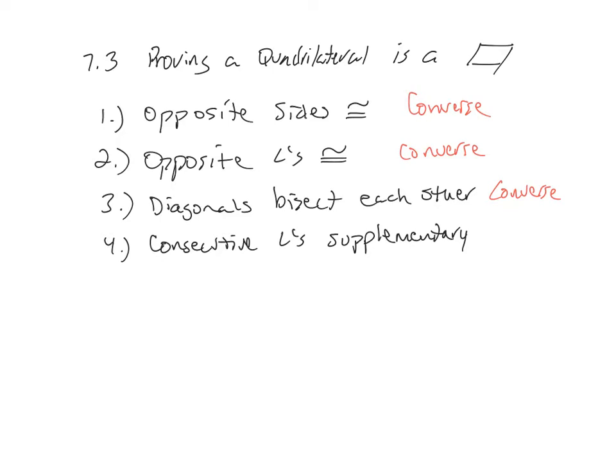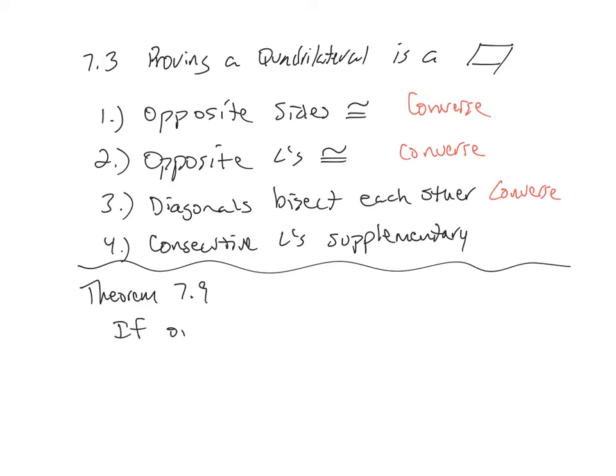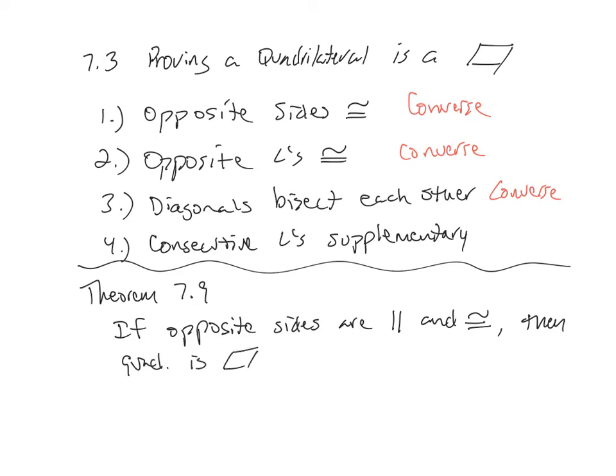So that one is kind of a separate category. It is a theorem, 7.9, and it says if opposite sides are parallel and congruent, then the quadrilateral is a parallelogram.